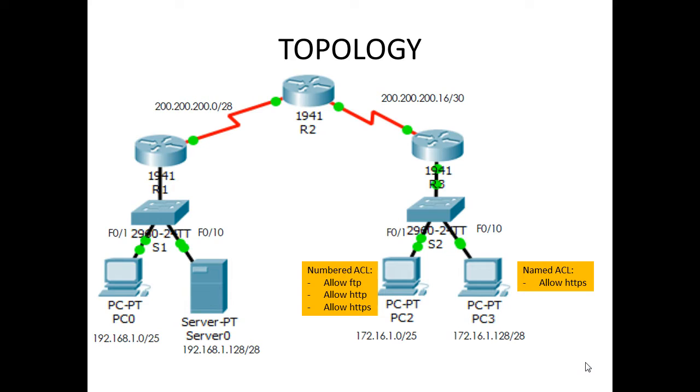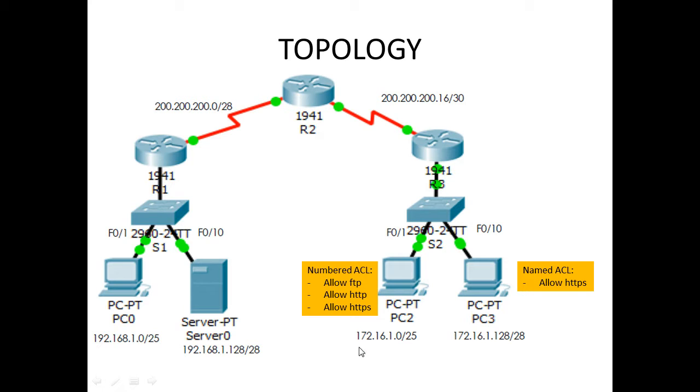So this is the topology of today. The topology is the same as last week's lab, which is network address translation. In this lab, all of the ACL configuration will be done in R3, router 3.